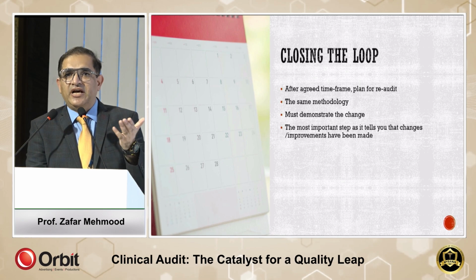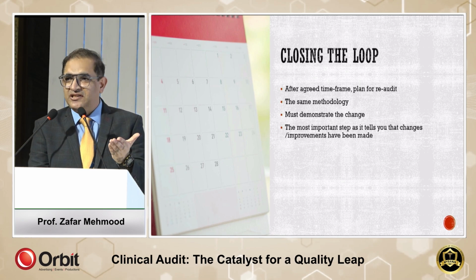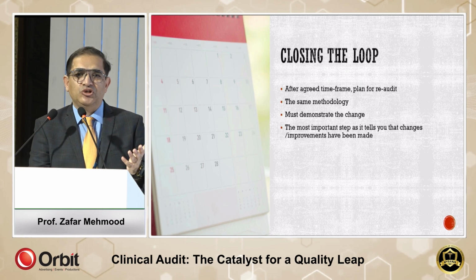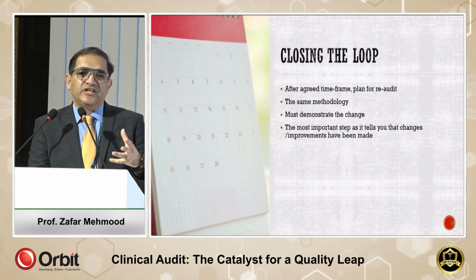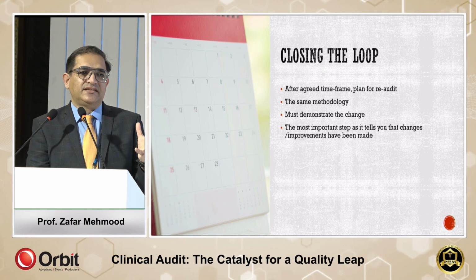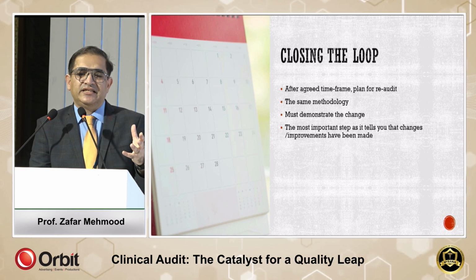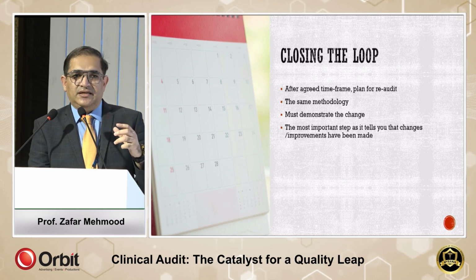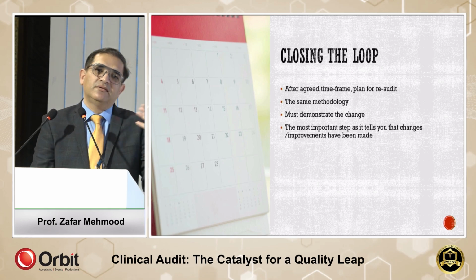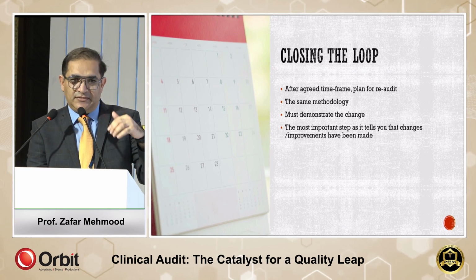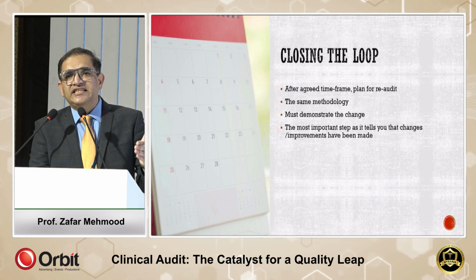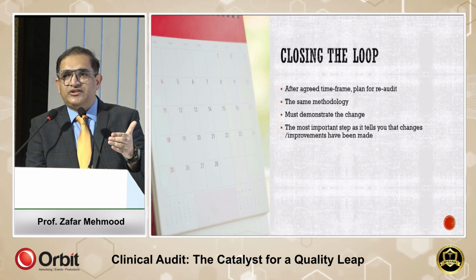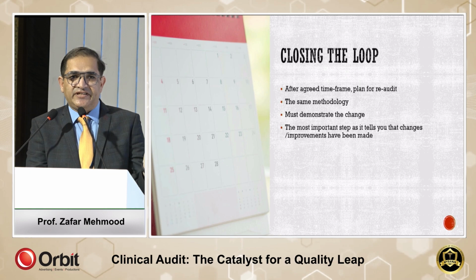If you happen to appear for any interviews, people will ask you about the audit loop. The audit loop is, once you have done an audit and you have suggested some changes and implemented them, it's always important to then re-audit after a few months, and see whether the changes you have implemented have made any difference.